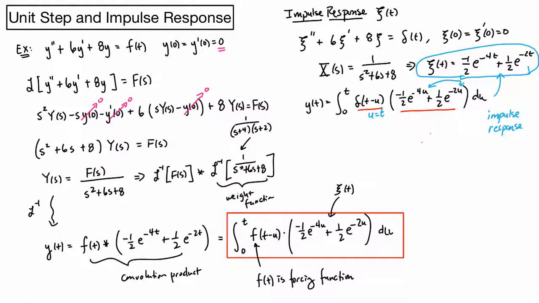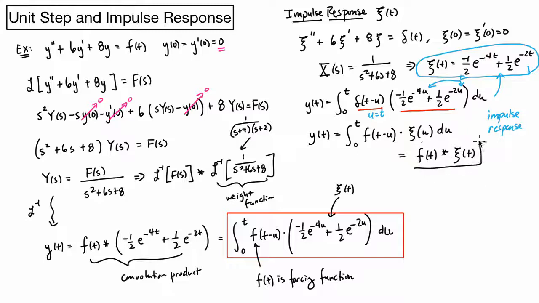then what this formula is suggesting is that if I wanted to find y of t, all I have to do is take the integral from 0 to t of f of t minus u times xc of u du. So the idea is our function y of t, that's the solution to this differential equation, is nothing more than the function f of t, the forcing function, convolved with this impulse response.